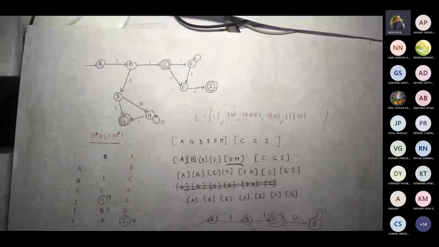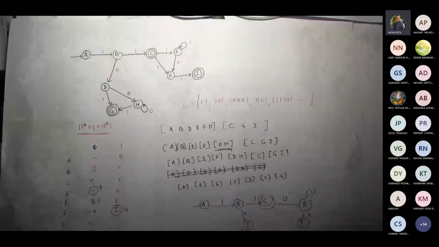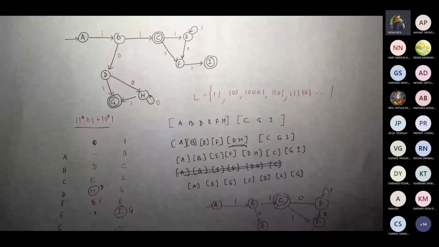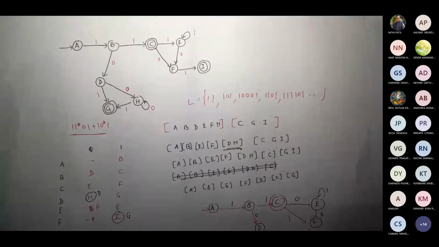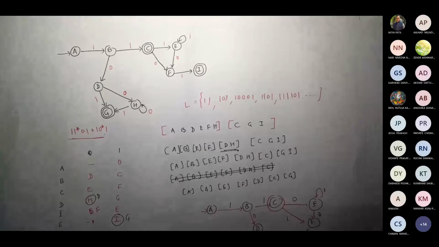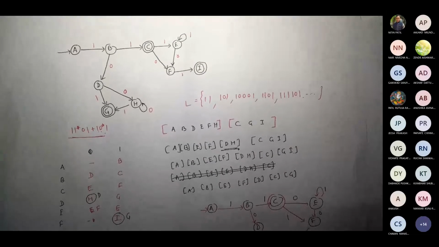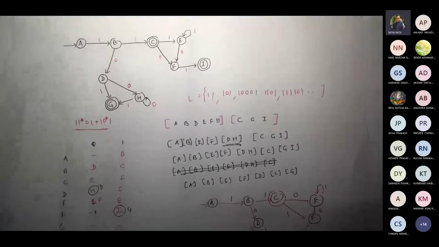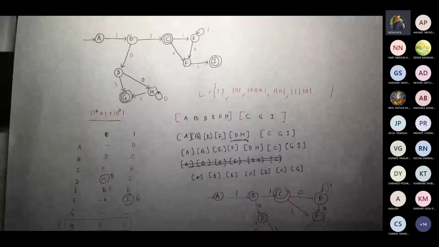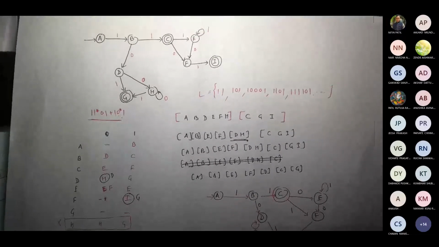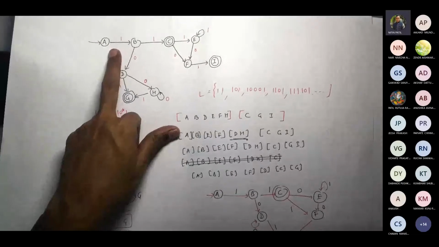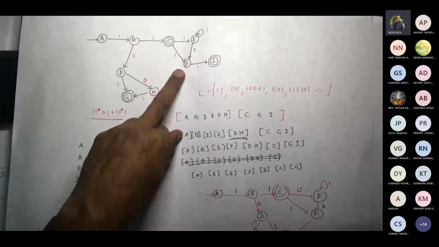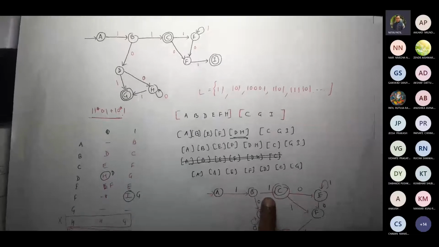Check this. 1 1 0 1. From E, have I made a mistake? F and E. Let me see, what was the string we said? 1 1 0 1, how exactly did we get it? 1 1, C to F. So I should have taken 1 1.